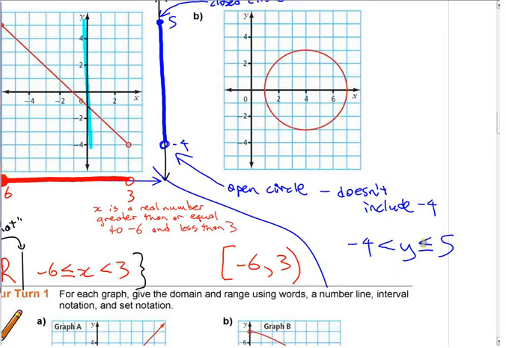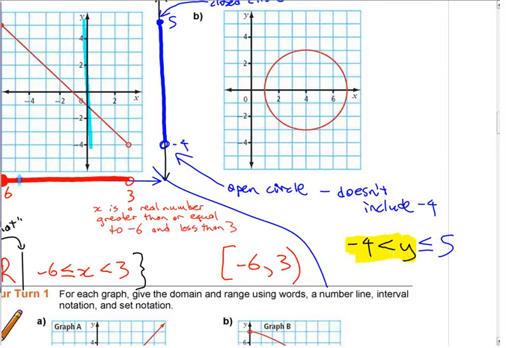I know that this symbol and this symbol are pointing the same way, but it depends how you read it. When you write a double inequality like this, you read it from the center. Y is greater than -4. If you read that backwards, it says -4 is less than y.